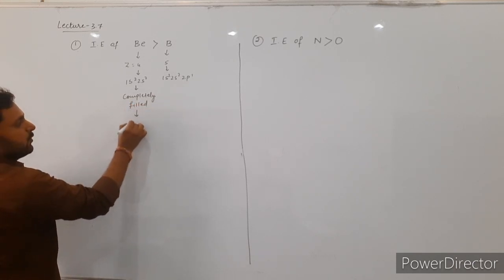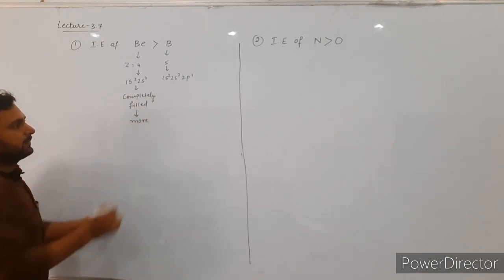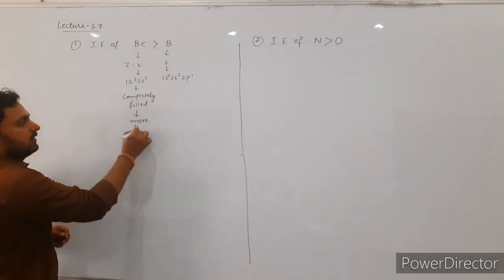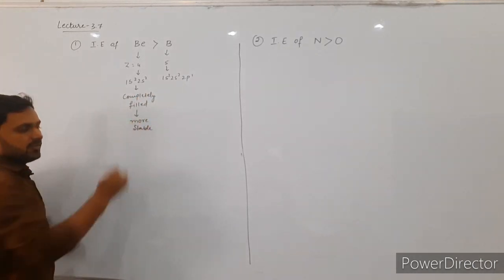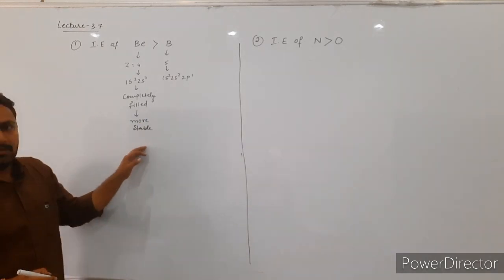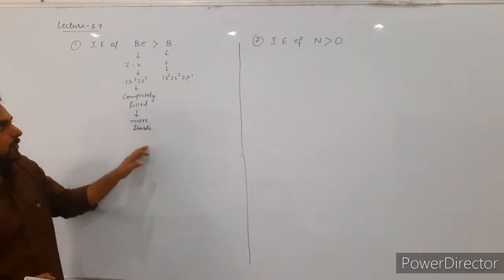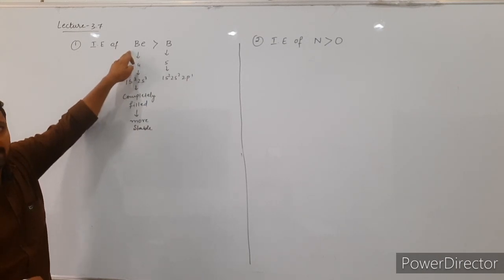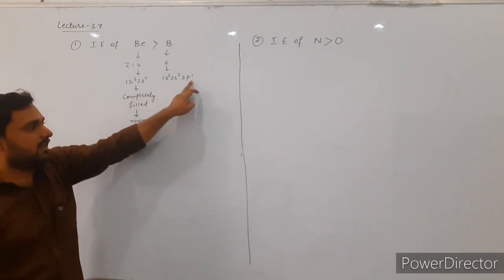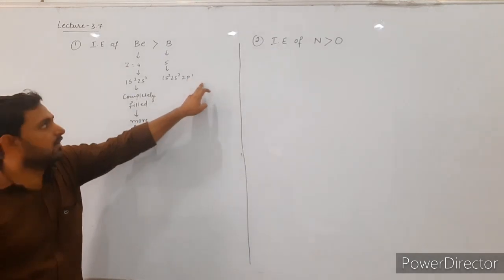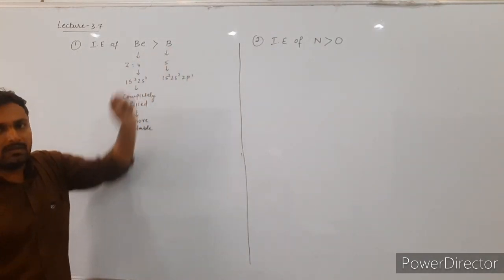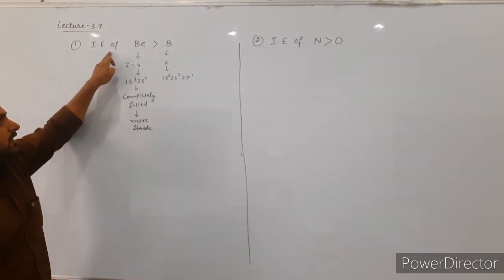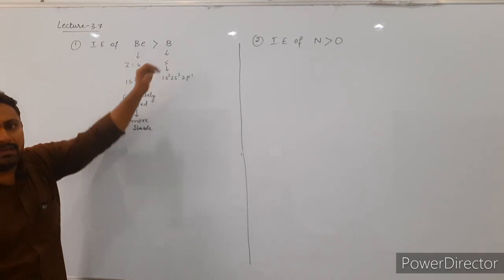That's why it is more stable compared to the other. Because it is more stable, the amount of energy required to remove the first electron from beryllium is more than the amount of energy required to remove the first electron from boron. That's why the ionization energy of beryllium is greater than boron.